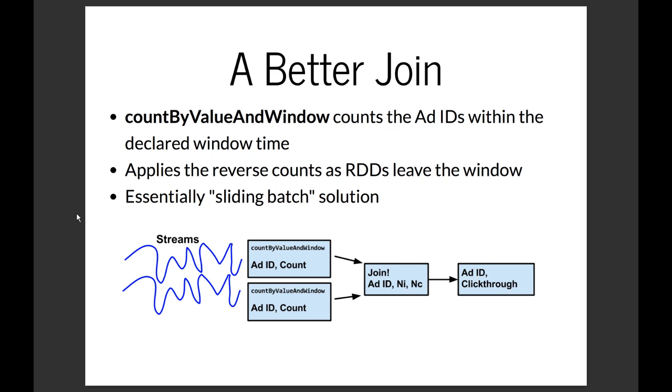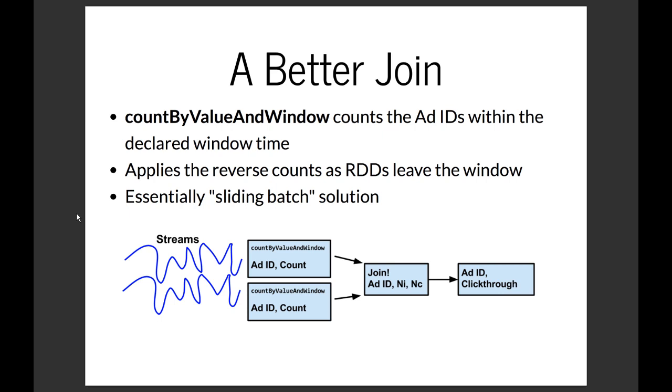Essentially, though, what that does is you specify the key and you specify the time window length, and it does that roll up for you. That's really convenient. It's a nice high-level operator. So we do that. We roll up our add IDs and count by the values within the window.